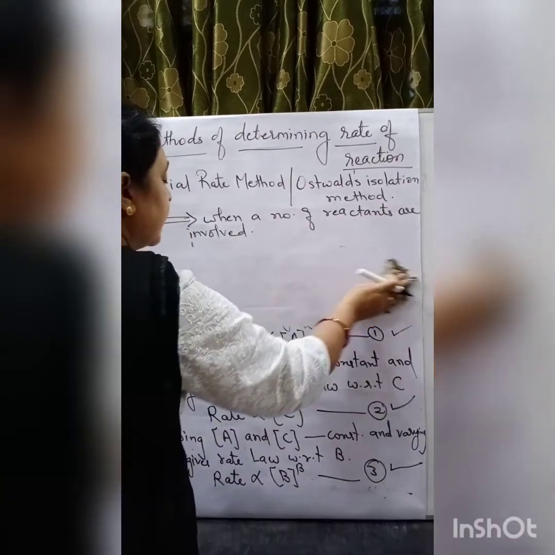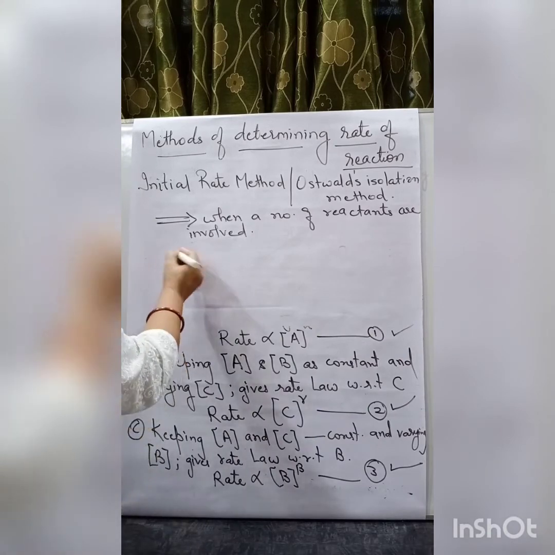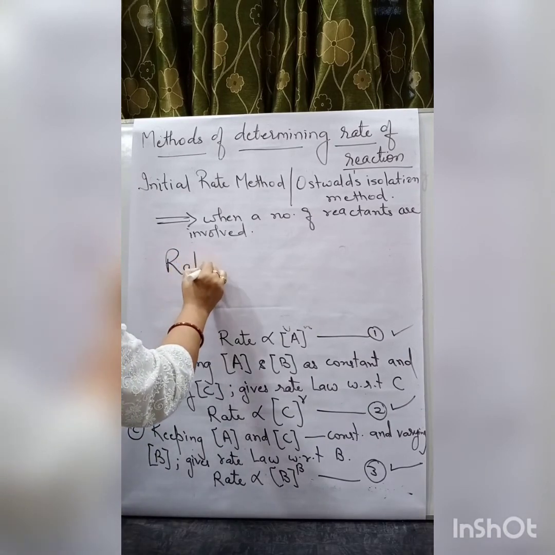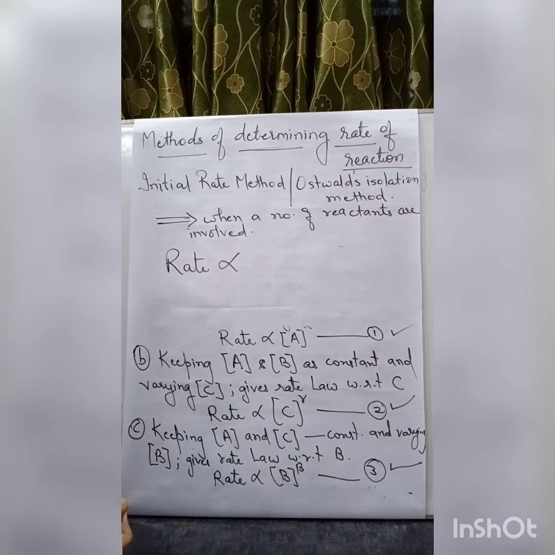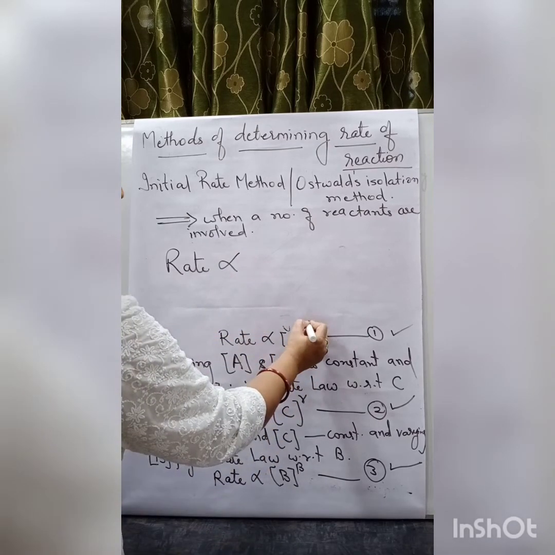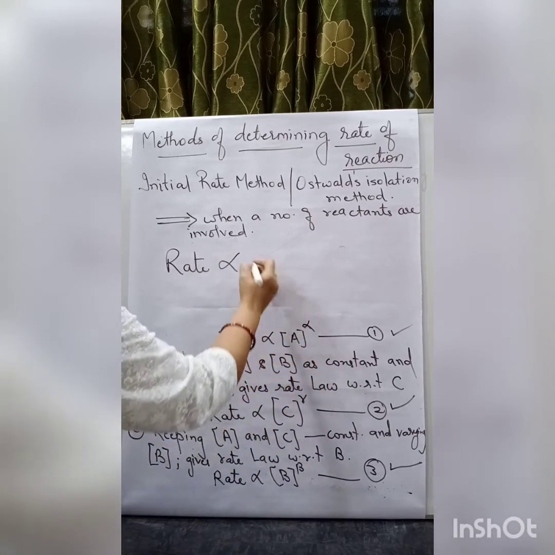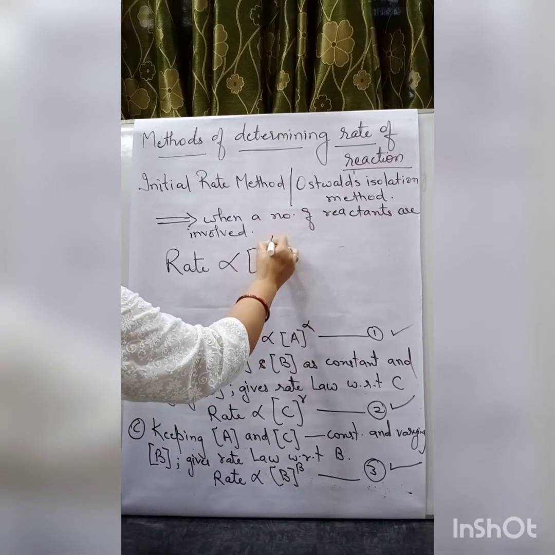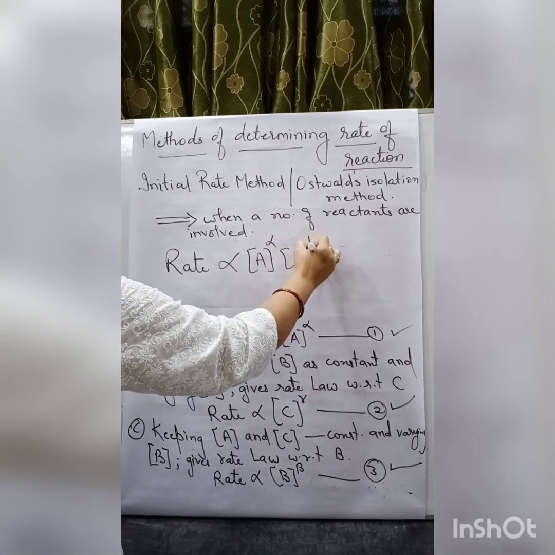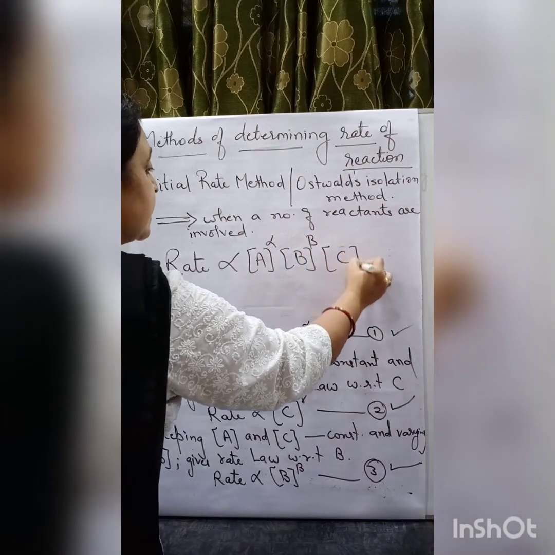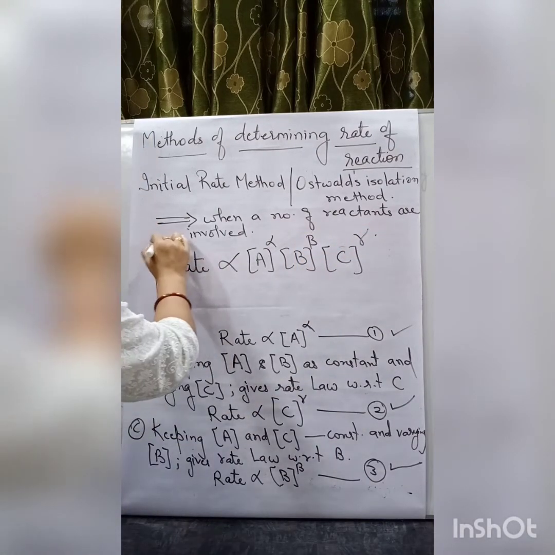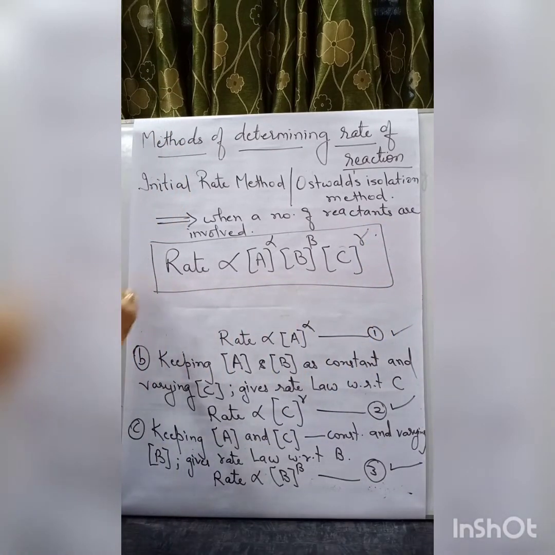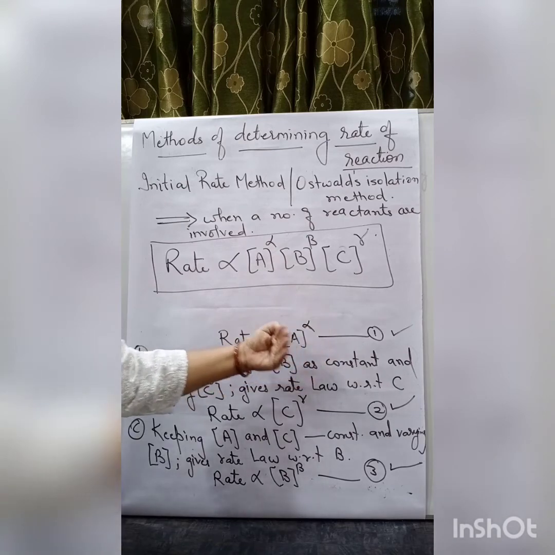Now combine these 3 equations 1, 2 and 3. On combining, we get a general rate expression: rate proportional to A raised to alpha, B raised to beta, C raised to gamma. So in this way, we can determine the rate of reaction by changing the concentration of one reactant and keeping others constant.